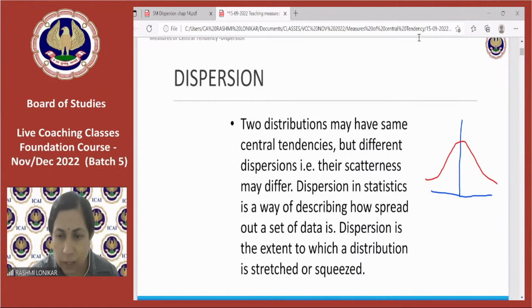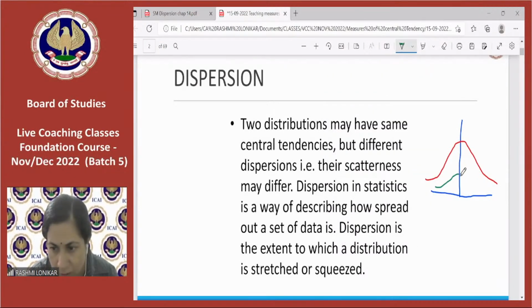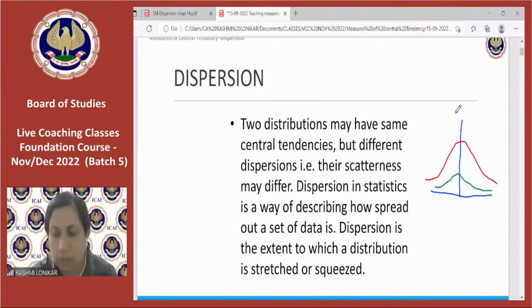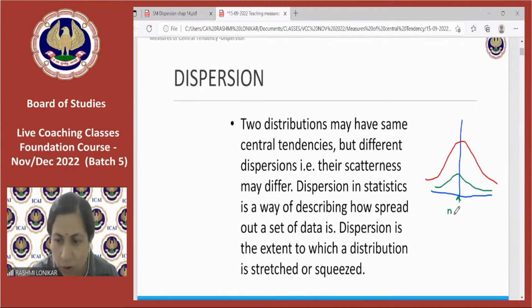And for the other graph, it is looking like this. Now, if you try to find the mean, the mean of both is the same.